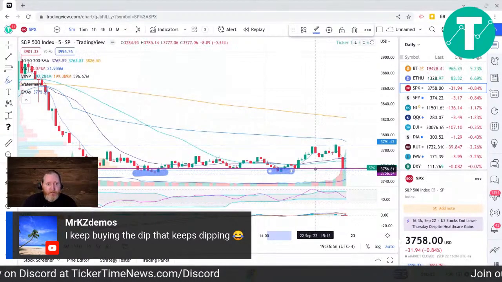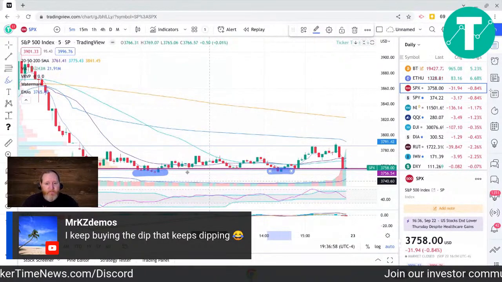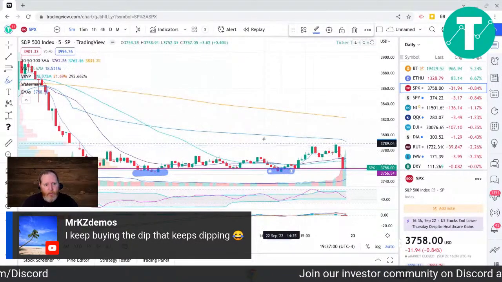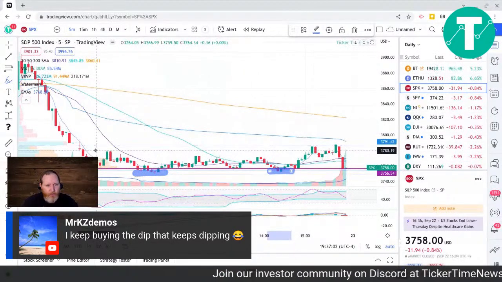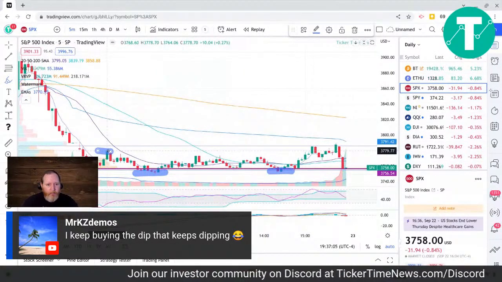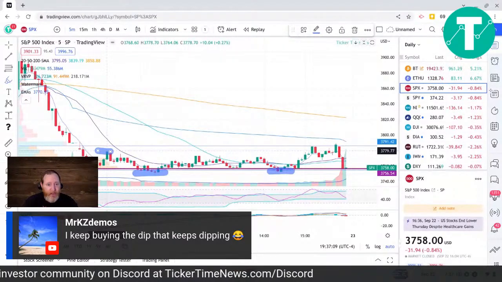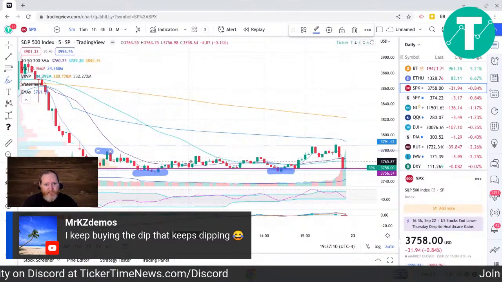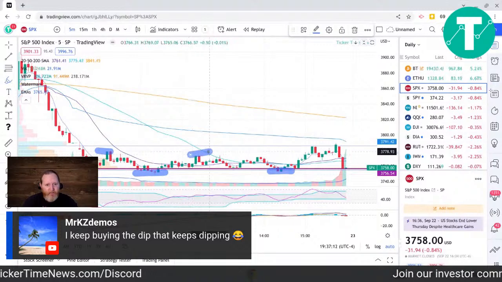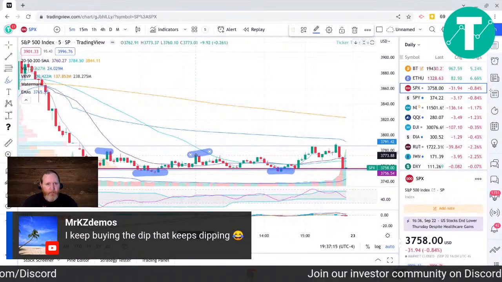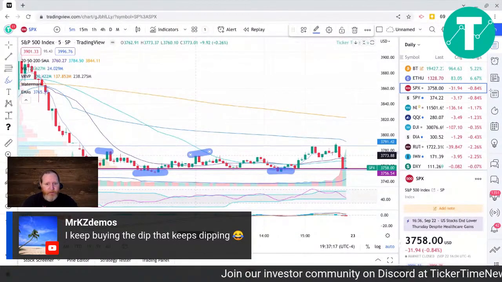Second thing to watch. Where's the resistance coming in at? Well, earlier in the day, we had it right here. That high was 37.78. I think 37.80 is really that key level. Then over here, 37.73.